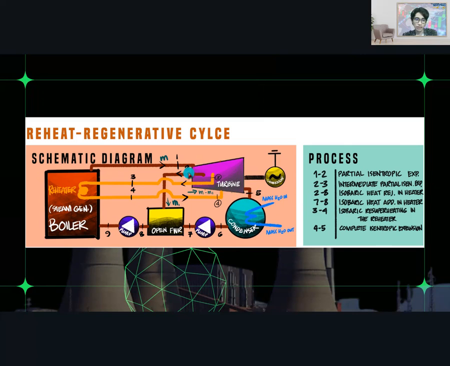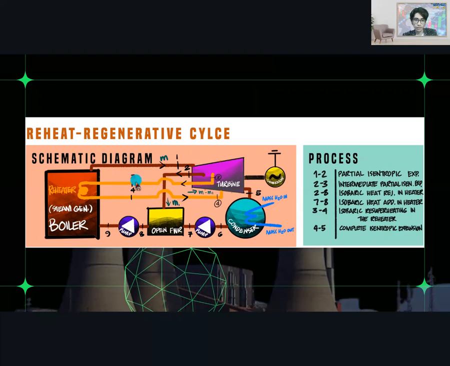And 2 to 8, from 2 it goes to the open feed water heater, isobaric heat rejection in the heater. So it now rejects heat from the heater. And then 7 to 8, it enters the open feed water heater, goes to the pump, back to the boiler. That is called the isobaric heat added in the heater.